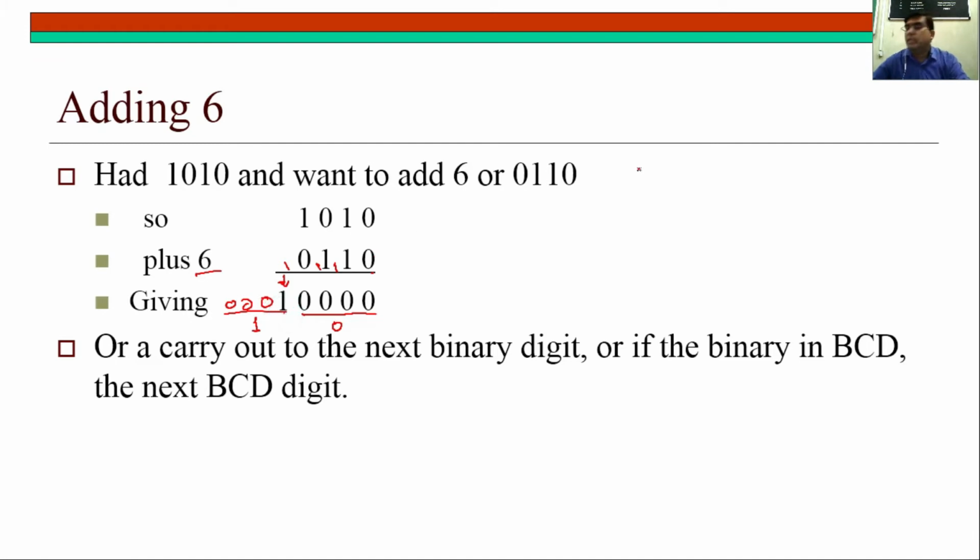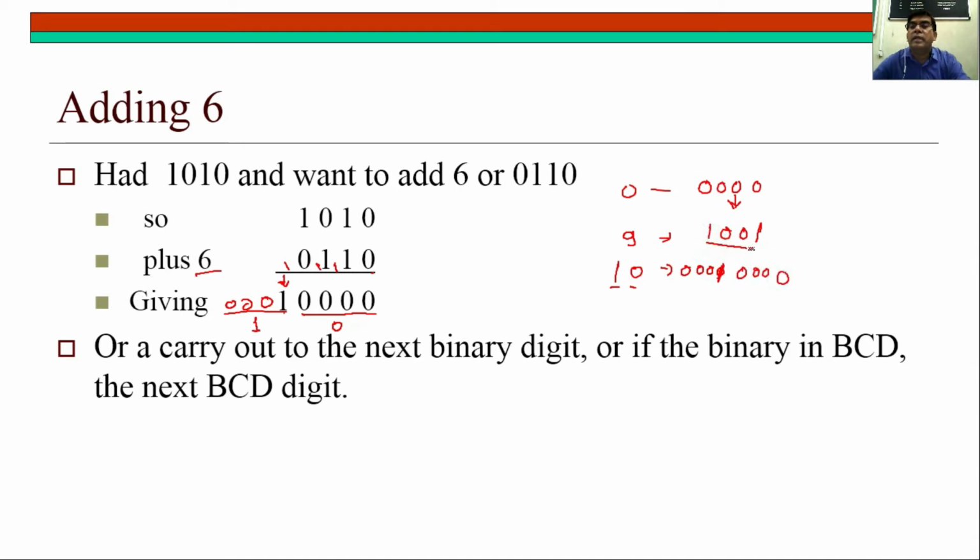So what happens basically in case of BCD numbers, after 0000 we continue up to 1001. This is the BCD of 9. And after that 10. So 10 is basically 1 and 0. For that, 1 is 0001 and for 0 we have 0000.